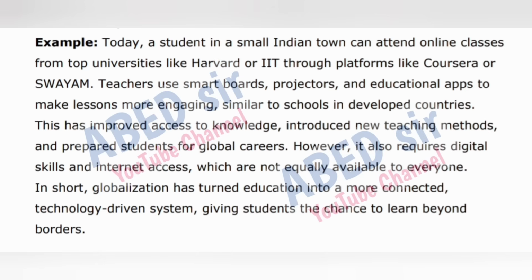This has improved access to knowledge, introduced new teaching methods, and prepared students for global careers. However, it also requires digital skills and internet access, which are not equally available to everyone. In short, globalization has turned education into a more connected, technology-driven system, giving students the chance to learn beyond borders.